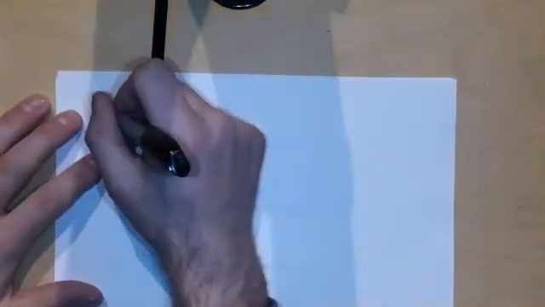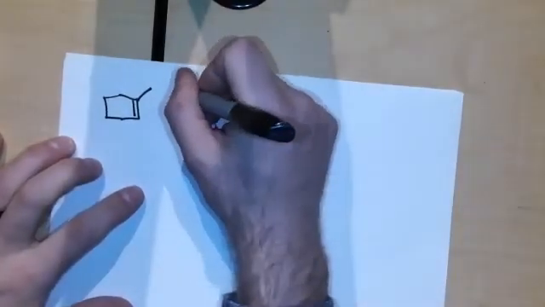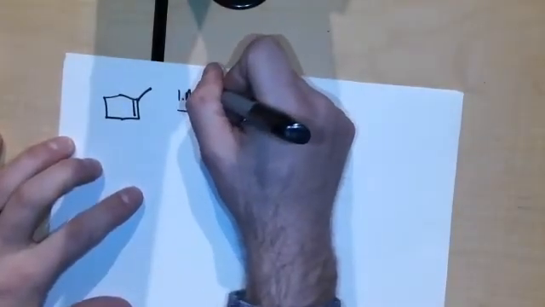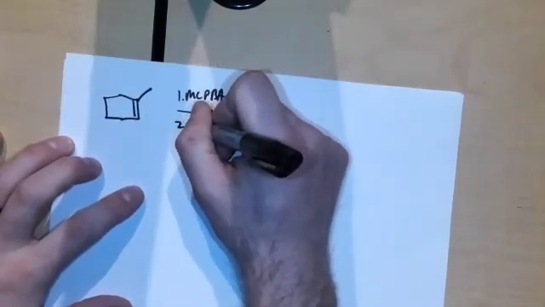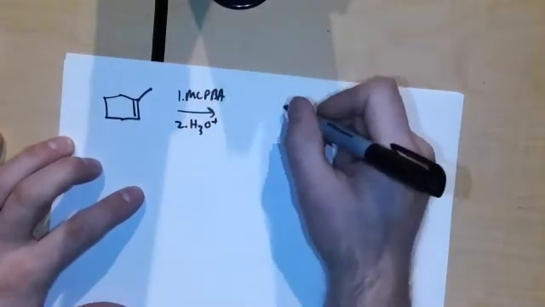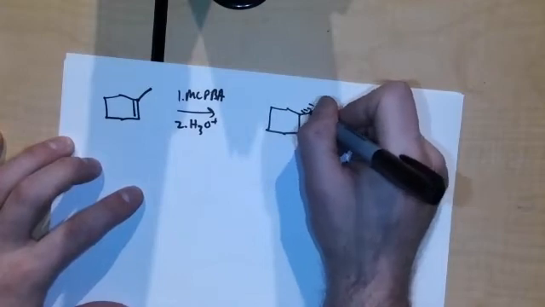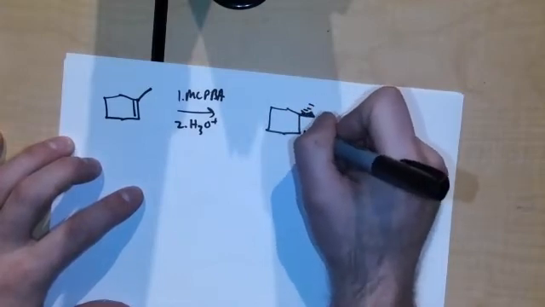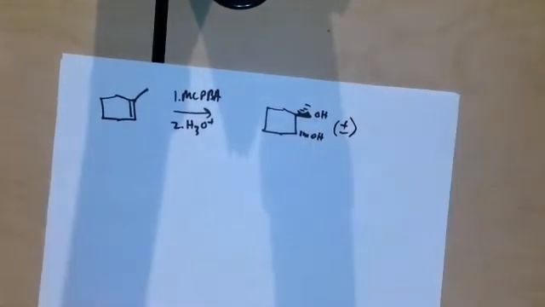So in chapter 8, we talked about how if you take an alkene, throw in MCPBA and then water and an acid, H3O plus, this will give us anti-addition of alcohols.